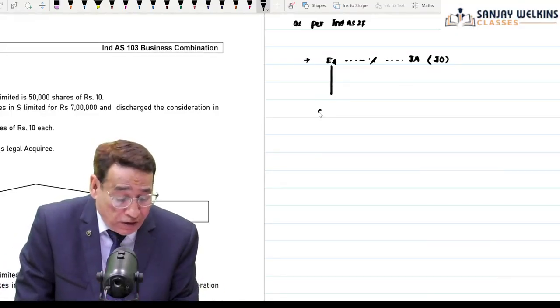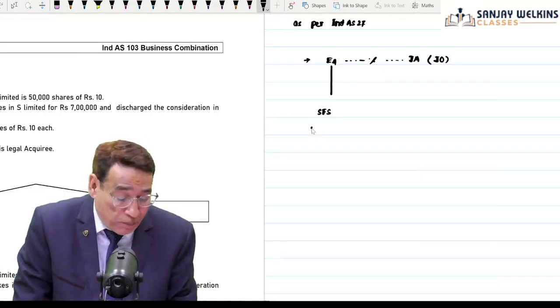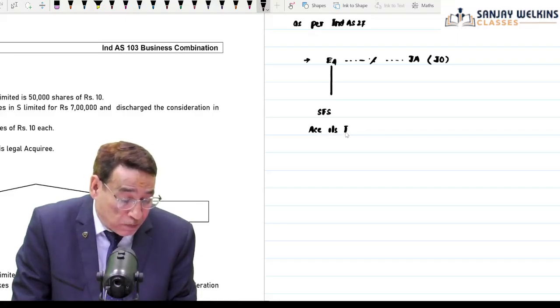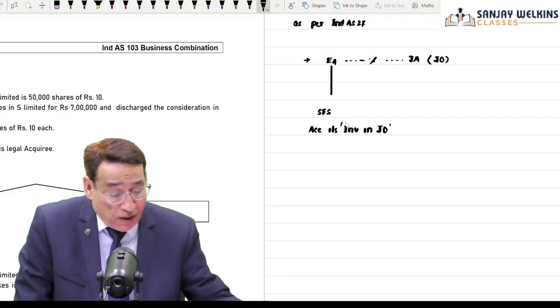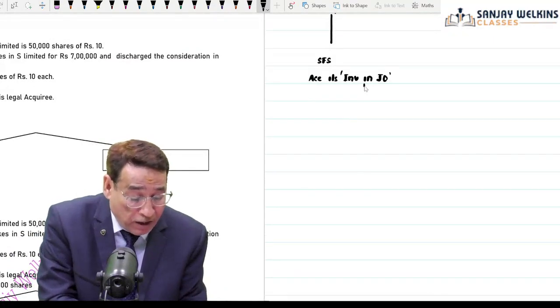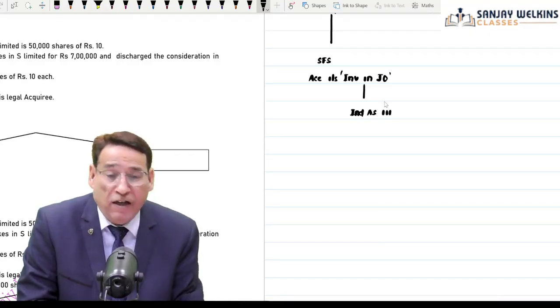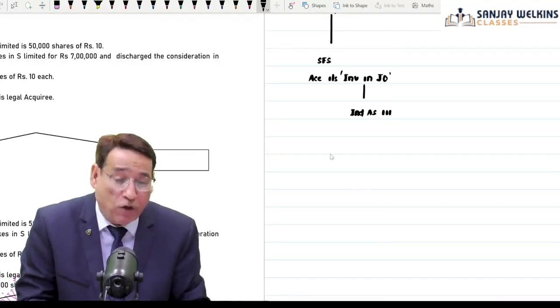So the E4 entity will prepare only a separate financial statement, and in the separate financial statement, obviously it is going to account its investment in joint operation. But the investment in joint operation will be recorded as per Ind AS 111, and Ind AS 111 states that the investment will be recorded through the equity method.